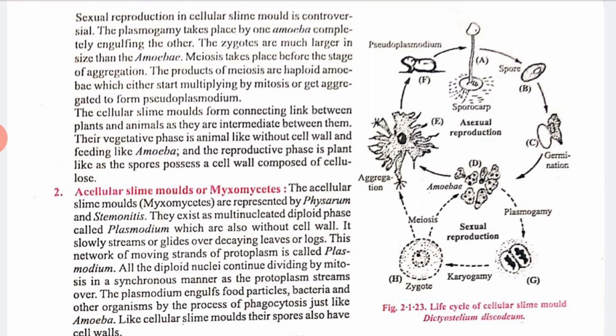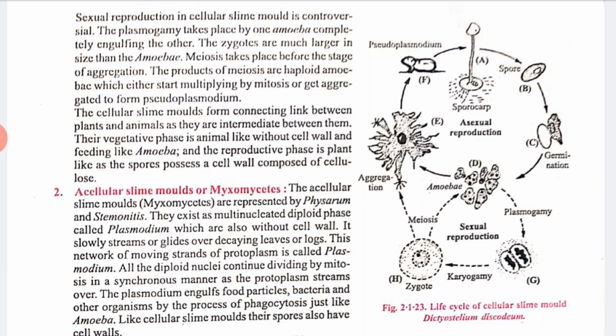Now if we talk about sexual reproduction, after the germination it converts into amoeba. So this amoeba, without aggregation, means without going closer or attaching, will form plasmogamy. These plasmogamy will convert into karyogamy.